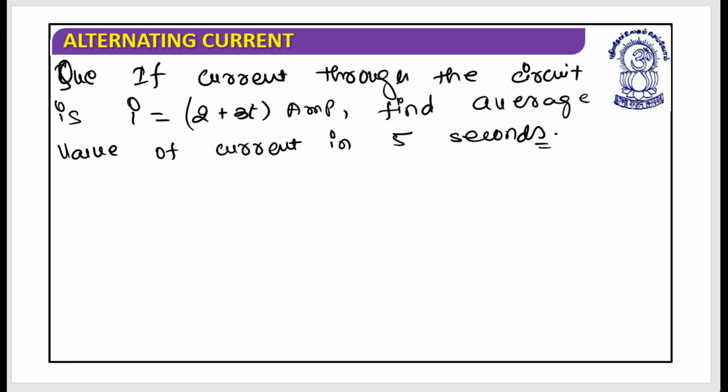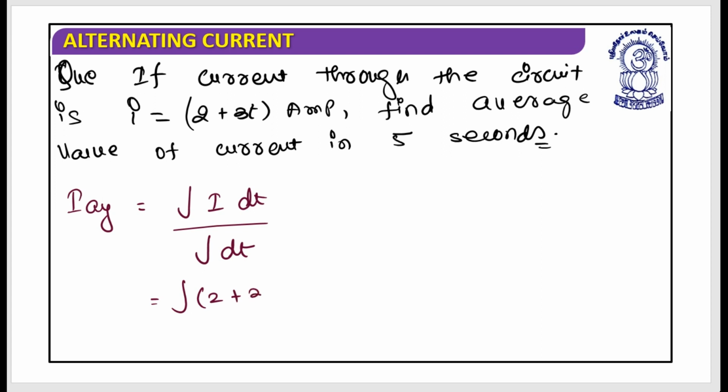So when I want to get I average, that is equal to the integration of I dt divided by the integration of dt. This is the integration of 2 plus 3t dt divided by the integration of dt.